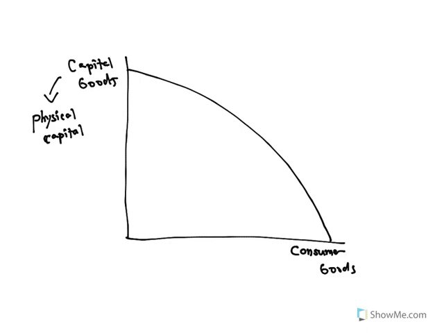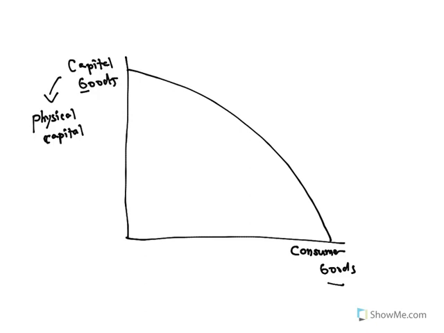Do you make more goods that can be used right away, consumer goods, or do you go towards capital goods, which are goods that can make you more goods and services down the road? Basically, the choice is between immediate consumption, which would be consumer goods, and later consumption, which would be capital goods.